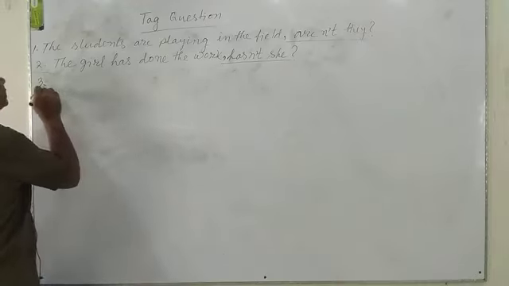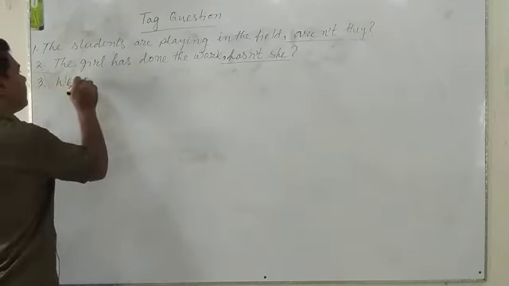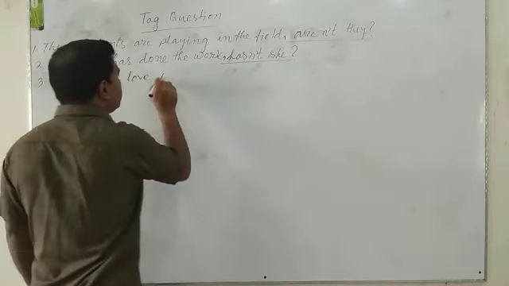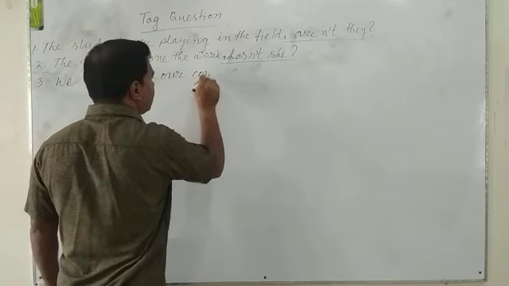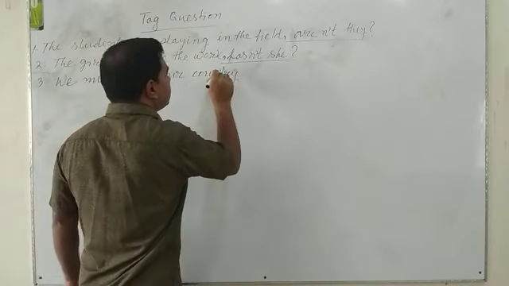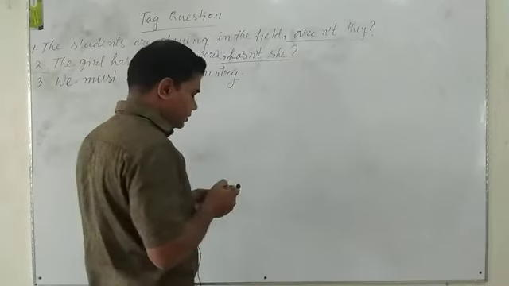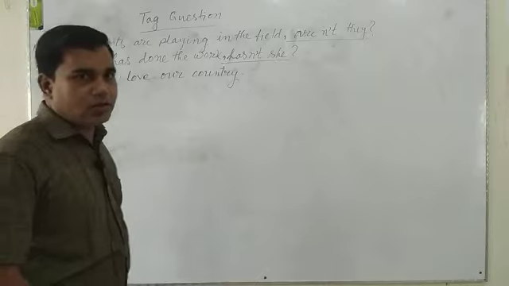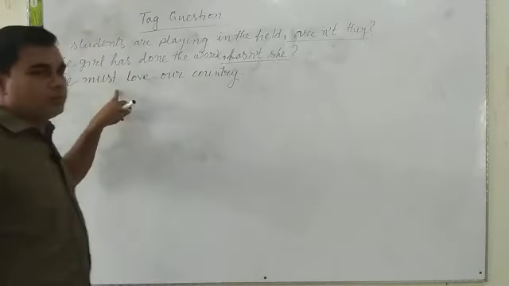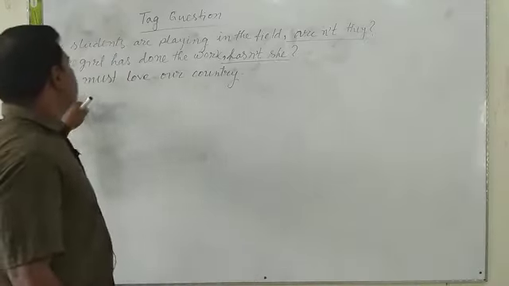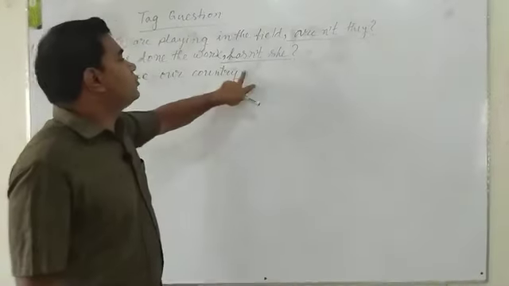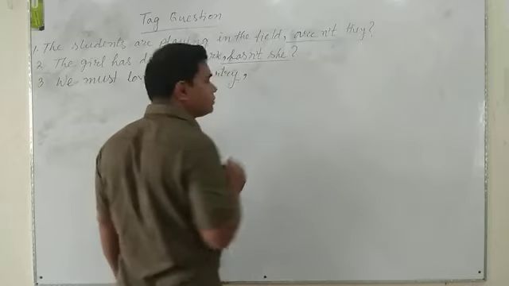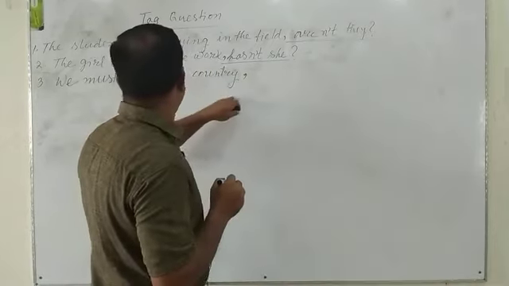Let's notice another example. We must love our country. Dear students, what is the auxiliary verb or operator here? It is must. So we have to omit the full stop first, then use a comma at the end of the sentence.